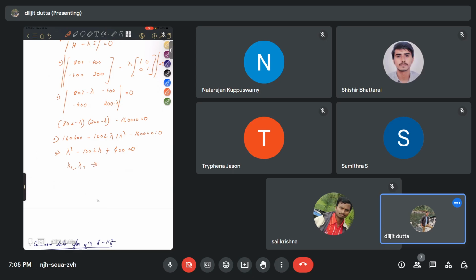By the property of a quadratic equation, the sum of the roots, lambda 1 plus lambda 2, is equal to minus of b, that is equal to 1002.